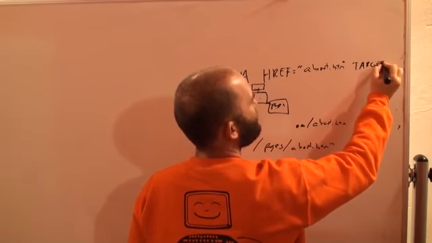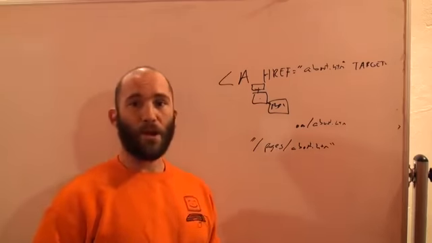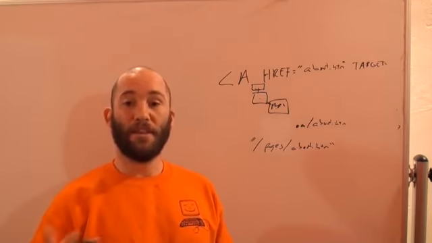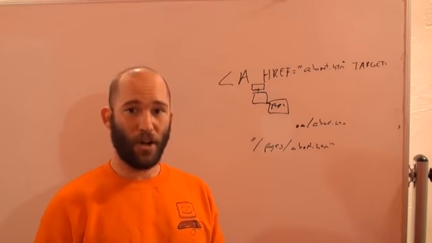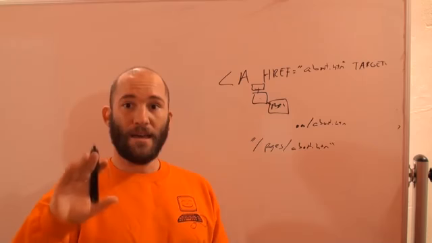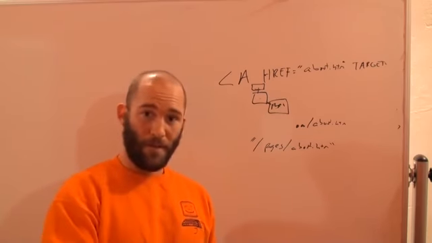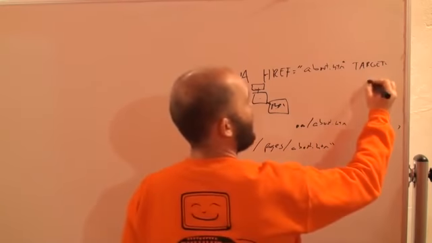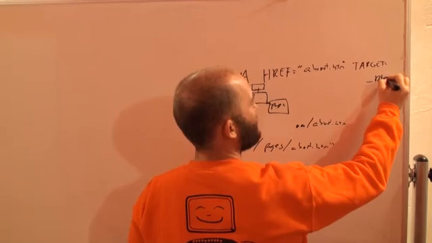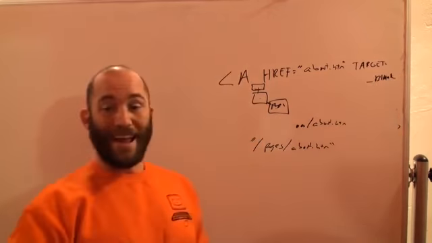So target tells a web browser where you want to open this new web page. So when you go to this new web page, where do you want this new web page open? By default, you simply open the web page, so you go from the current web page you're in to the next web page. I like it if you use target="_blank", then you open a new window.